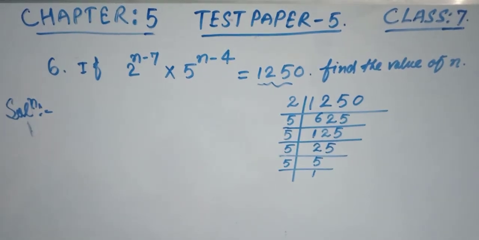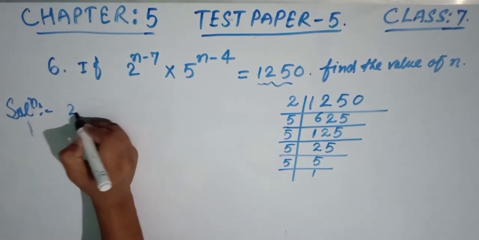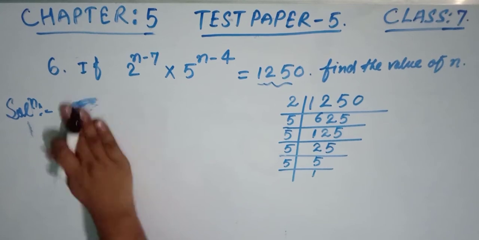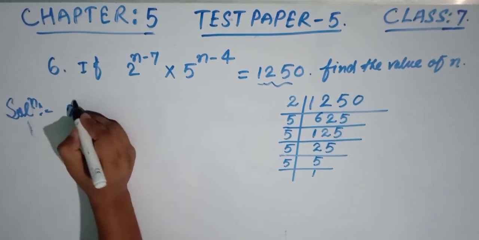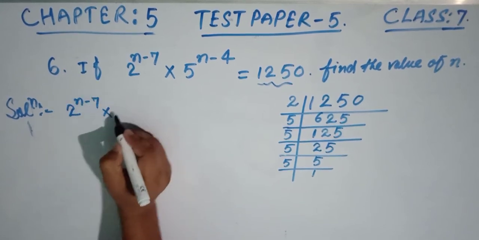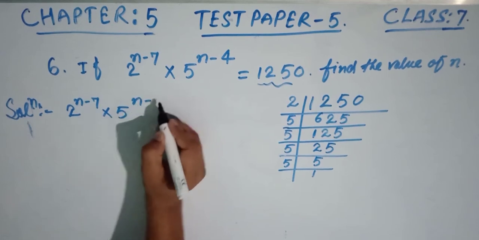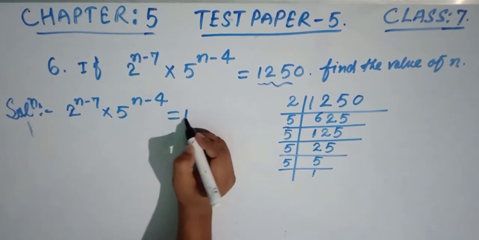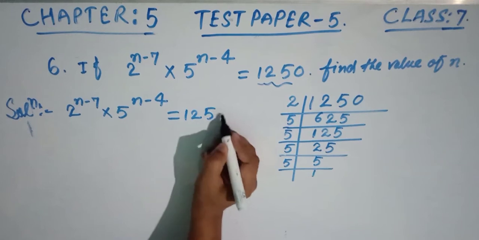Now see friends, this could be written as 2 raised to the power n minus 7, right, as it is. First 2 raised to the power n minus 7. Now multiply by 5 raised to the power n minus 4 is equal to 1250.